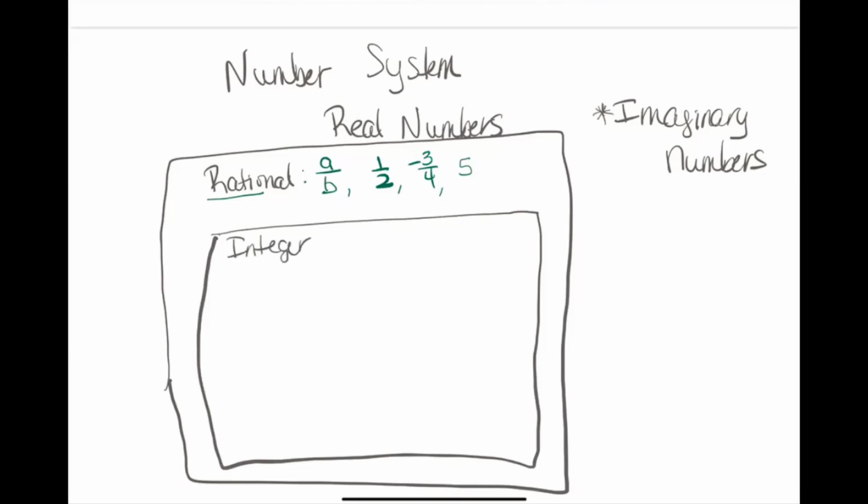You guys remember anything about integers, like what an integer might be? If you know an integer, you can say it out loud and I'll write it down for you. Is 2 an integer? Or you could have negative 4.